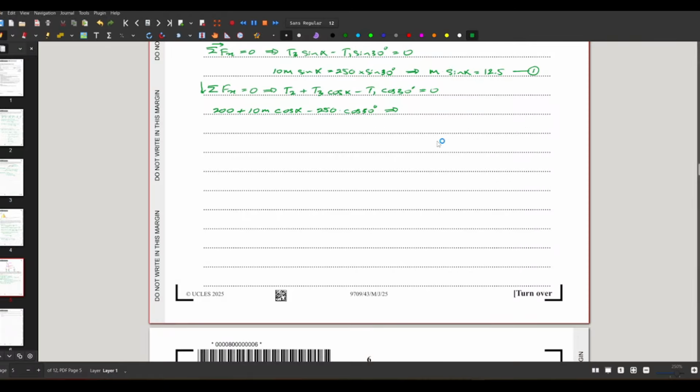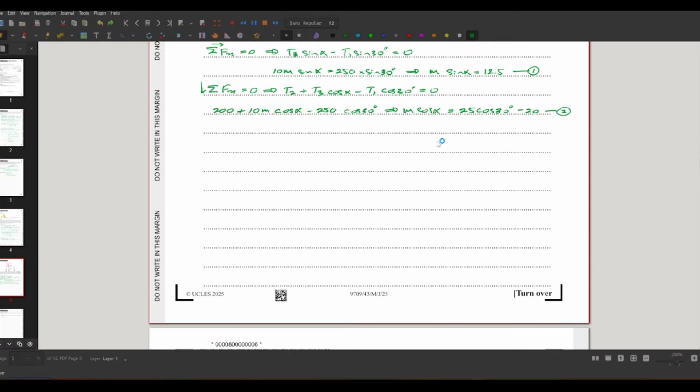So with this one, we can divide all by 10. So we can write m cos alpha equals, here we have 25 cos 30 goes to the other side, and minus 20.